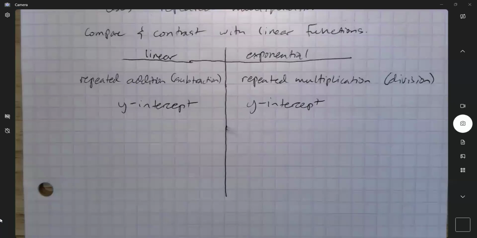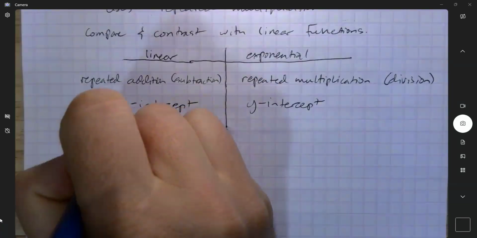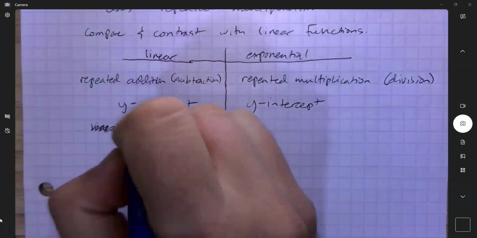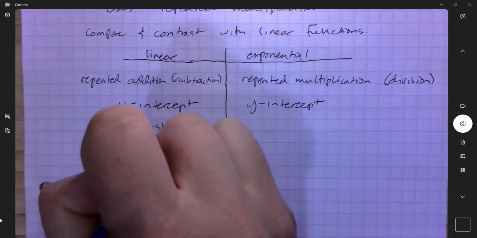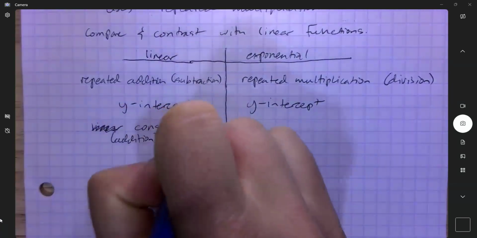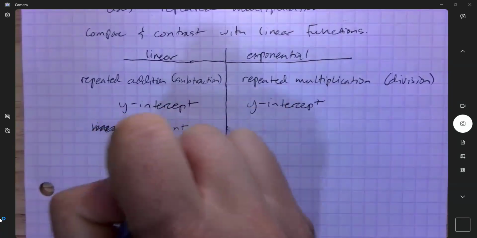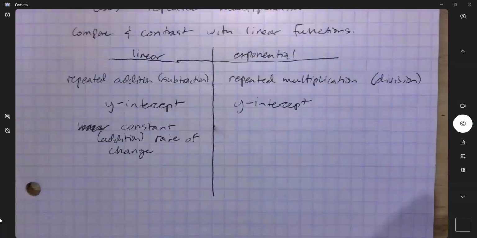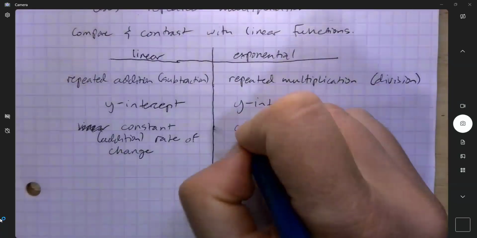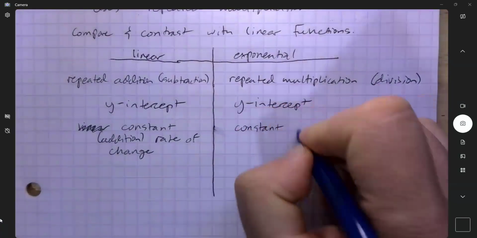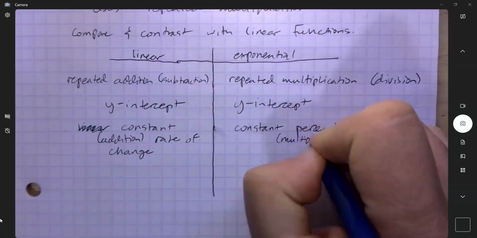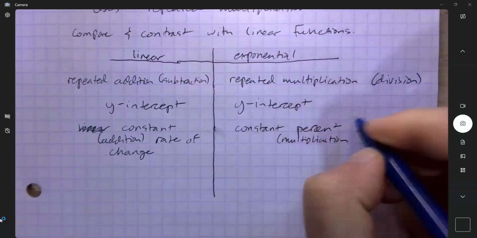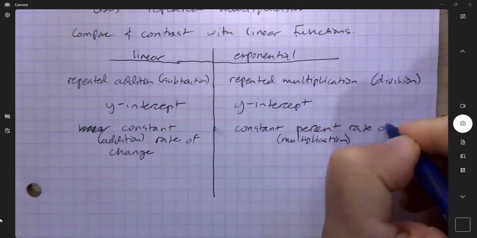Linear functions have a constant rate of change. Constant, I'm going to write additive or addition rate of change. And exponential functions also have a constant rate of change, but it's a constant percent or multiplication rate of change.